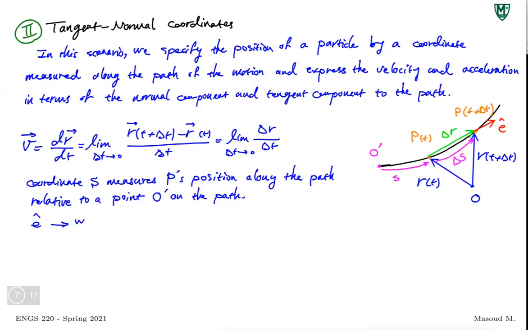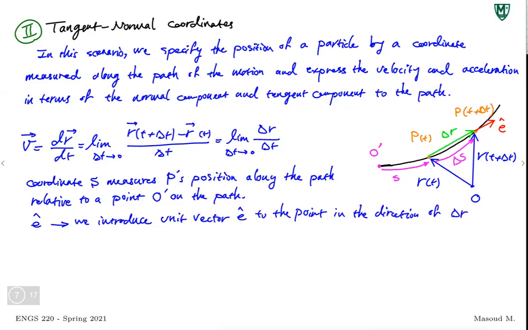We introduce unit vector E to the point, that's basically the vector E is introduced to the point in the direction of delta R. So V, velocity as a vector, is limit of delta R over delta T when T goes to 0, times E, because it should be in the form of a vector.